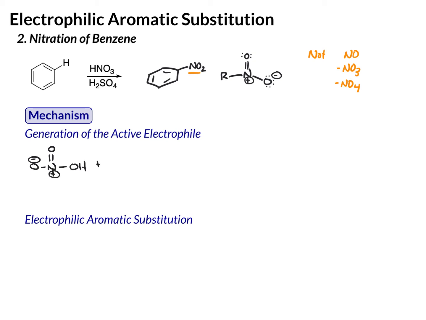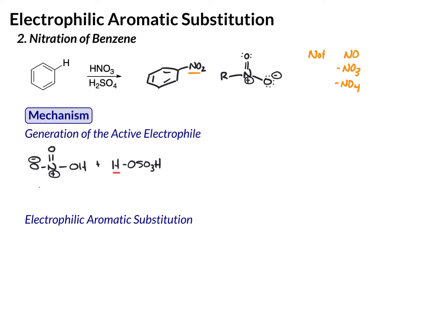And then the sulfuric acid is going to be a proton donor. I'm going to draw it somewhat abbreviated. Under these conditions, when you have nitric acid and sulfuric acid, the sulfuric acid is acting as your acid and donating the proton.